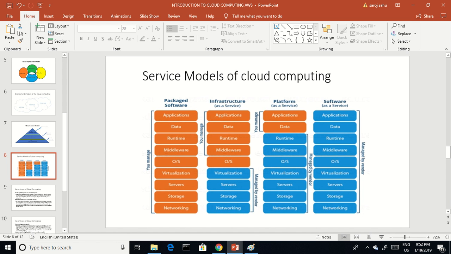But if I go for infrastructure as a service, I have to manage my OS, middleware, runtime, data and applications. If you go for platform as a service, I need to manage only application and data. That's all. But if you go for software as a service, you should not manage anything. You can just access the software. That's all. So this is the service model provided by cloud computing.